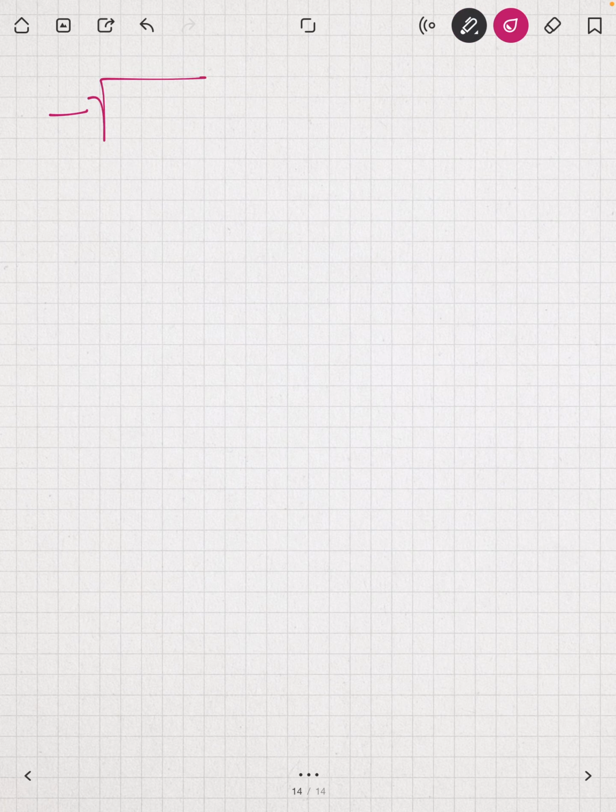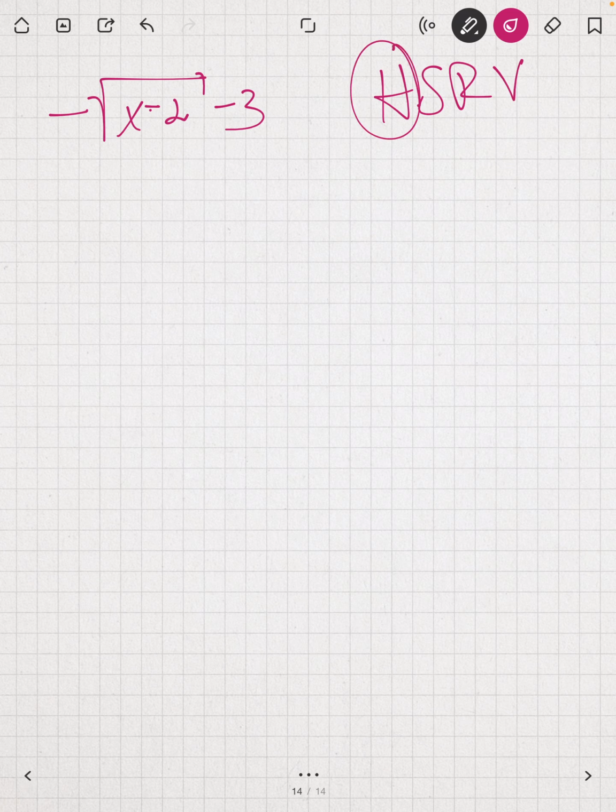Negative square root of (x minus 2), minus 3. HSRV. It has a horizontal, no stretch, a reflect, and a vertical. And so we apply them in that order. So for memory, our square root looks like that.